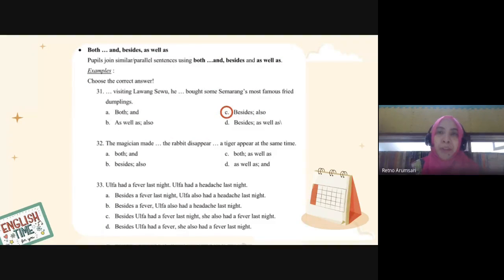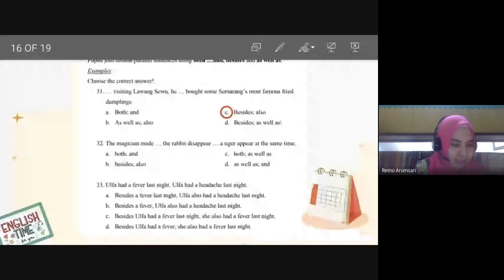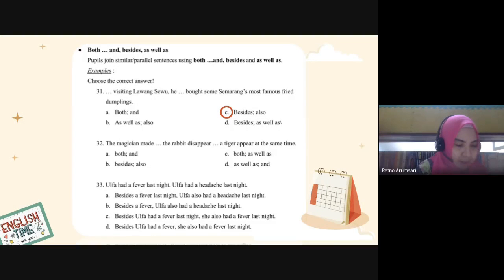Okay, if you have used both, you don't need as well as, because both and as well as don't mix. So the answer is A. The magician made both the rabbit disappear and a tiger appear at the same time.